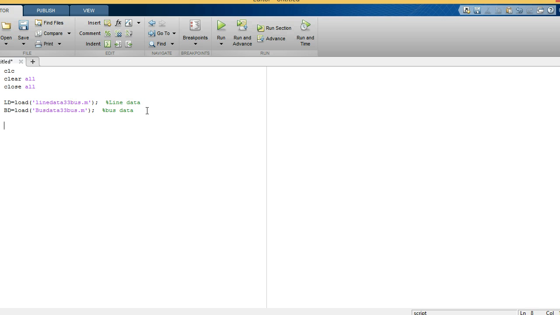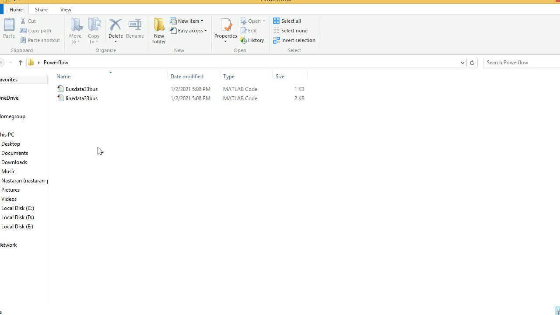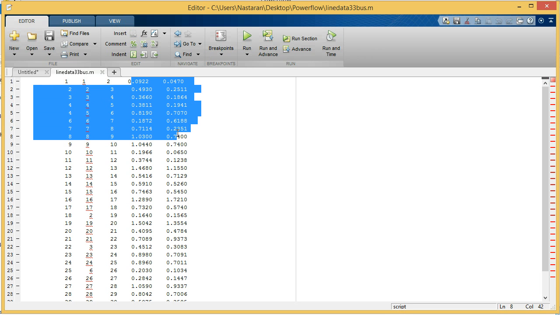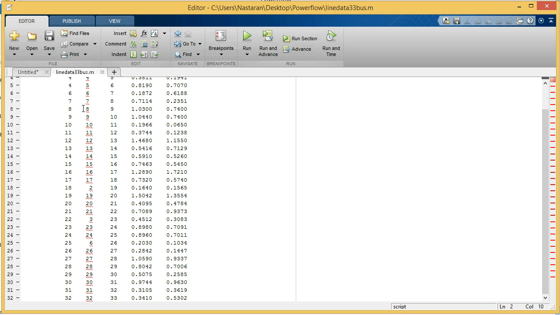Okay, so I actually have the bus data, and this is the line data for the IEEE 33 bus system. As you can see, the first column shows the line number.